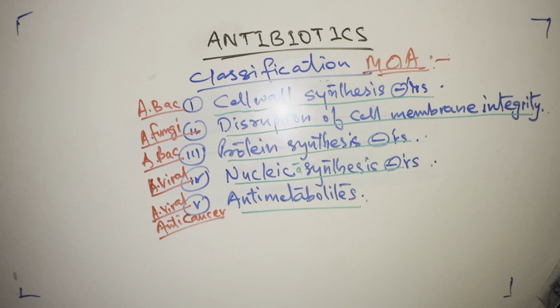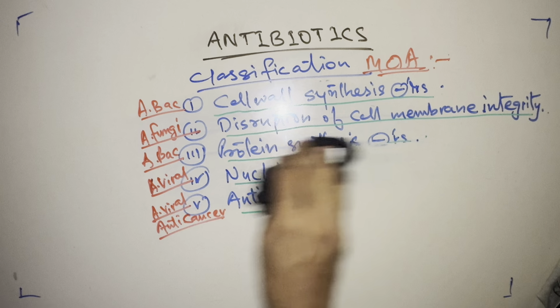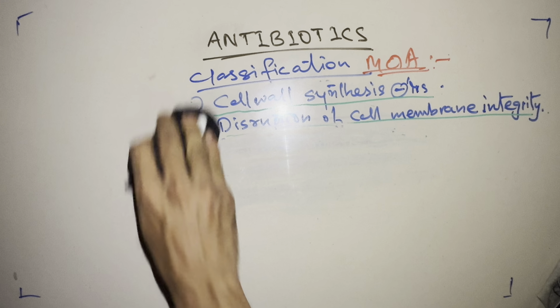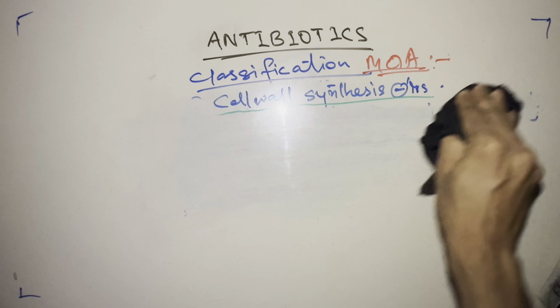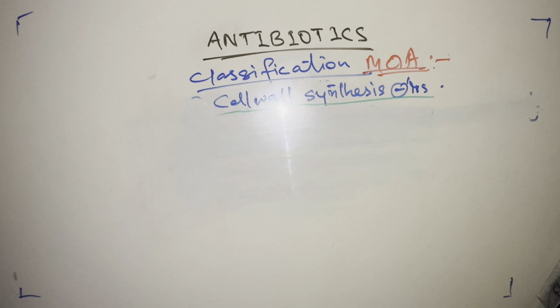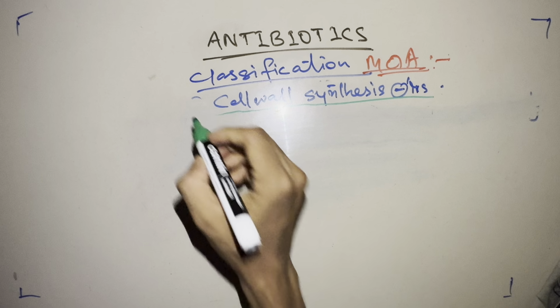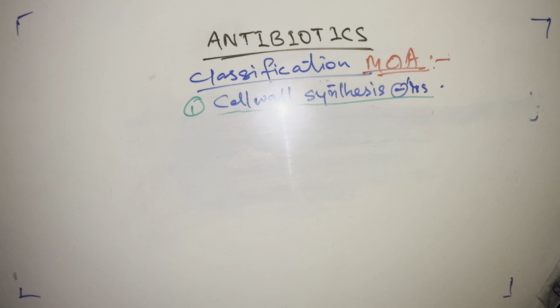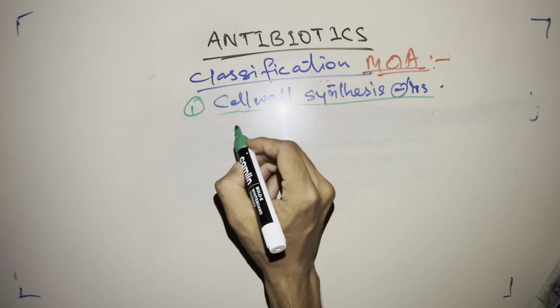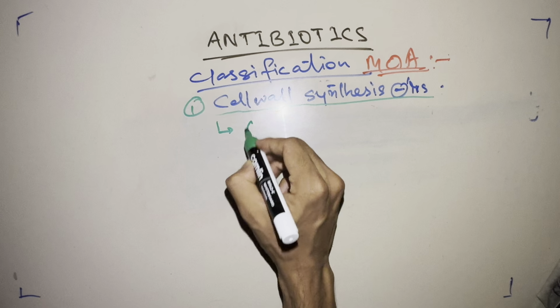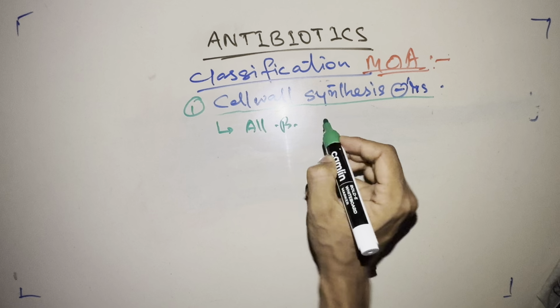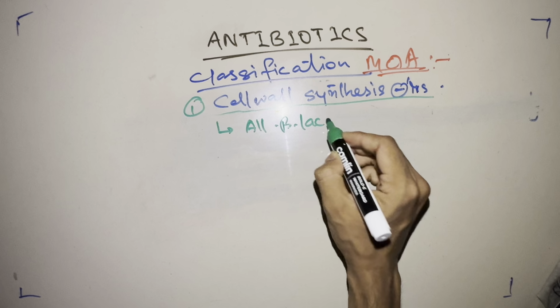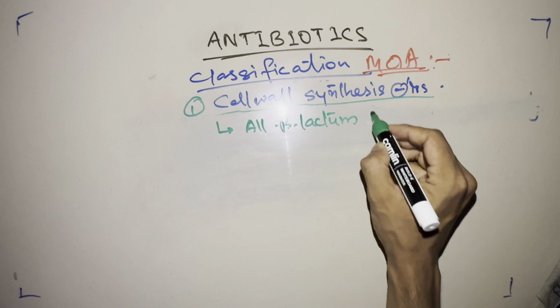Now we will see the first one, that is cell wall synthesis inhibitor. Examples of antibiotics which inhibit cell wall synthesis are all the beta lactam antibiotics. You know it very well. Number one, all the beta lactam antibiotics.